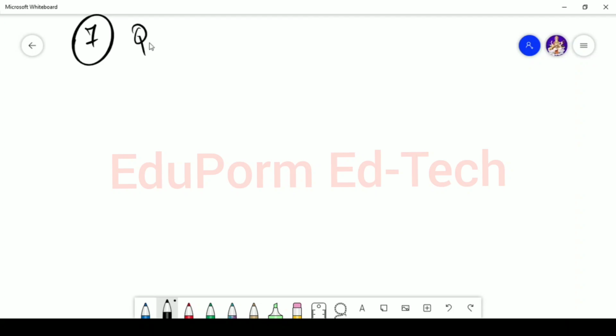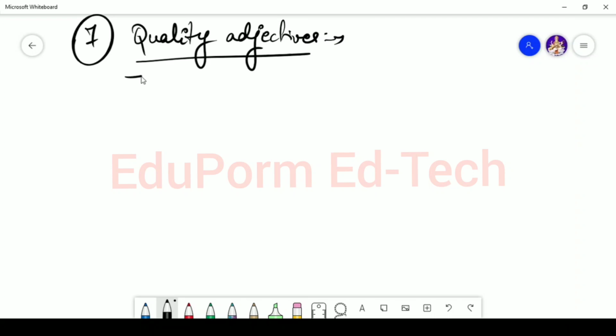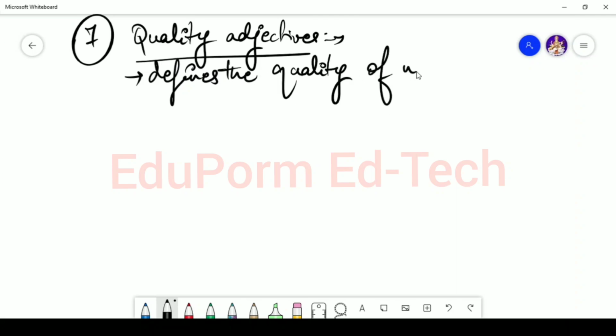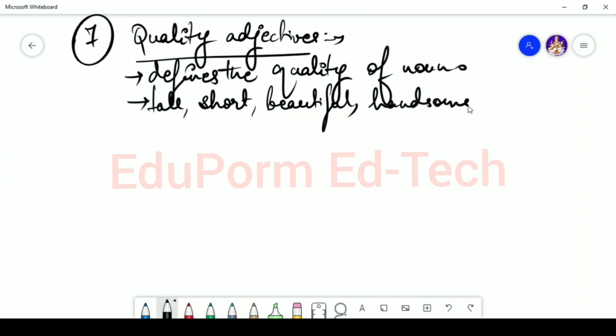Next one is quality adjectives. Now there are some adjectives which basically talk about the quality of the noun. Let's say for example, tall, short, beautiful, handsome.